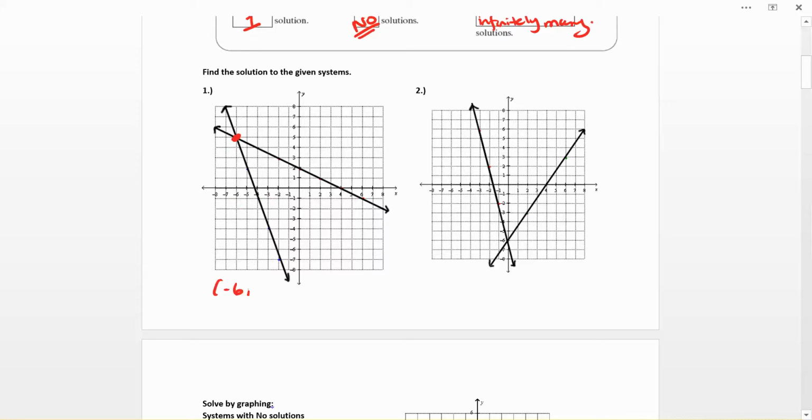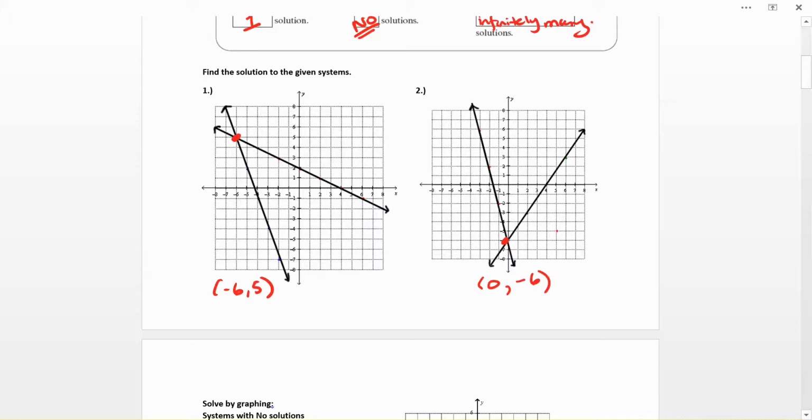So the point -6, 5 would be a solution to this system, and we can find it by graphing. In this particular one here, notice that our two lines intersect at that point right there on the y-axis itself, and that will be our solution. In this case, the x-coordinate is 0, and our y-coordinate, I believe that's -6 down there.